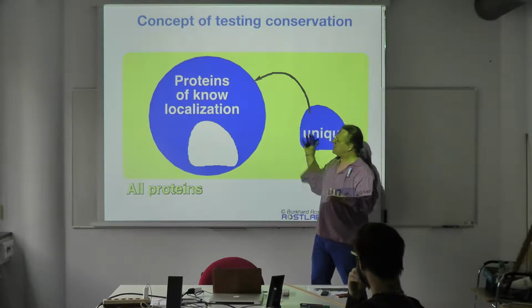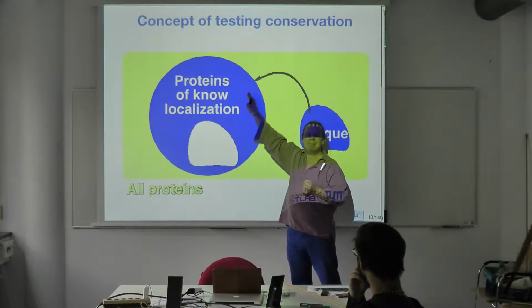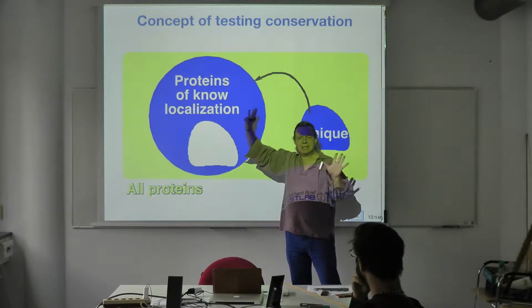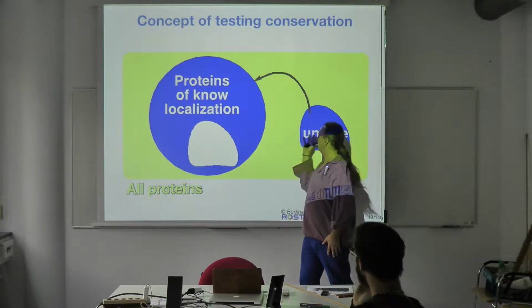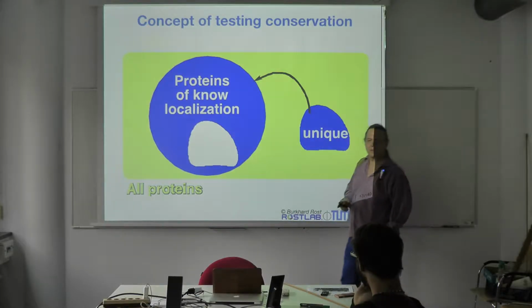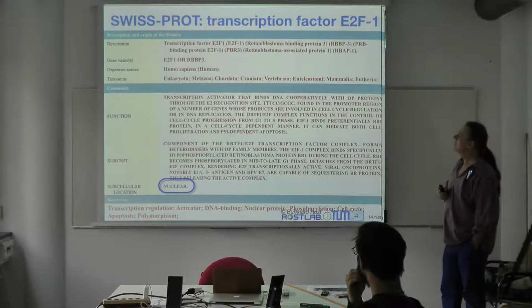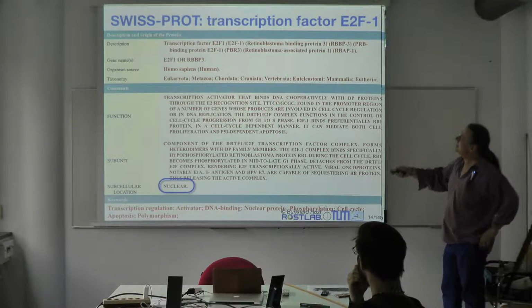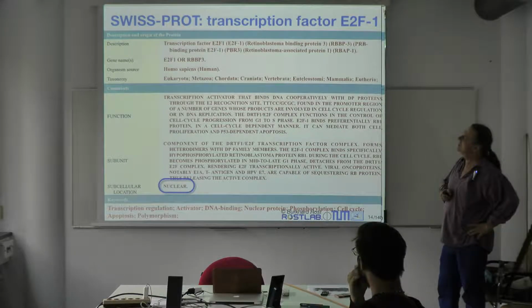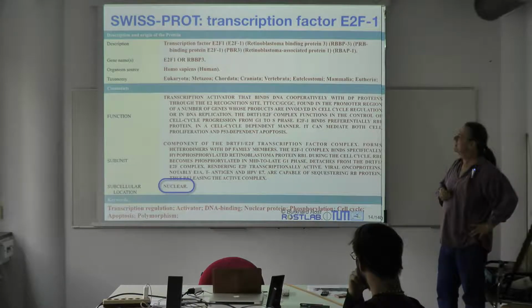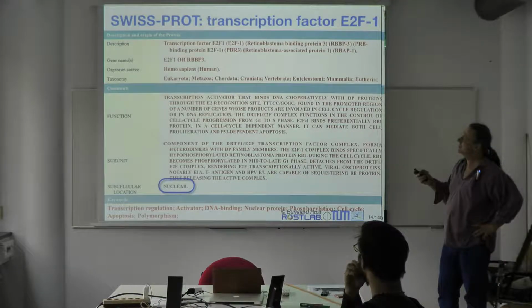The next best thing could be to somehow remove the bias, but that is getting tricky, so we do unique against the whole thing. Again, you could argue. This is one particular record out of the SWISS-PROT database, which annotates the function of about 500,000 proteins.